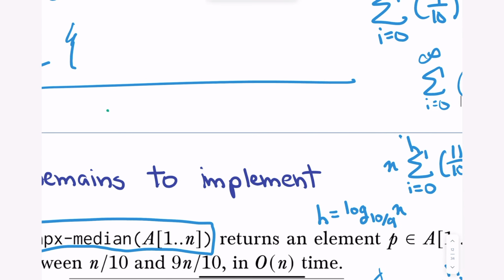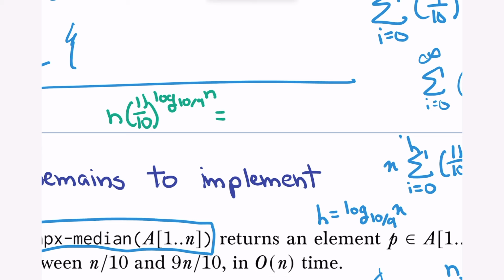All right, so we have n times 11 over 10 to the log base 10 over 9 of n. I would love to get like n to the something, right? I don't like having n in the exponent with some log. It's like, what the hell is that?